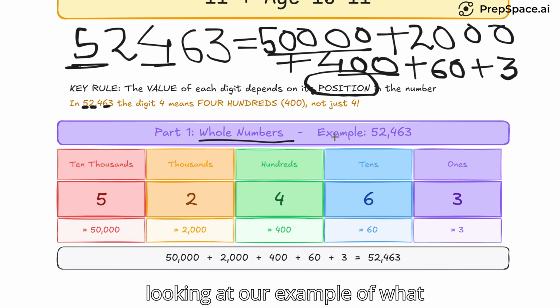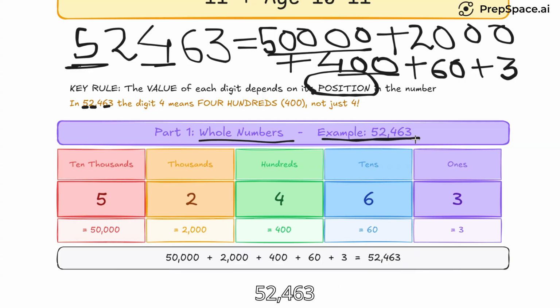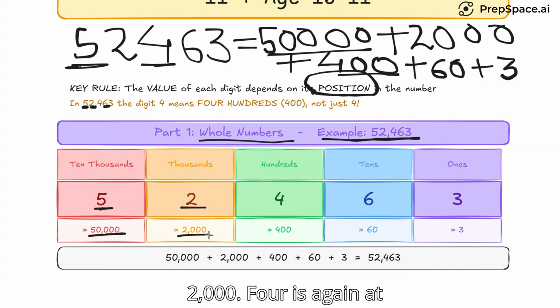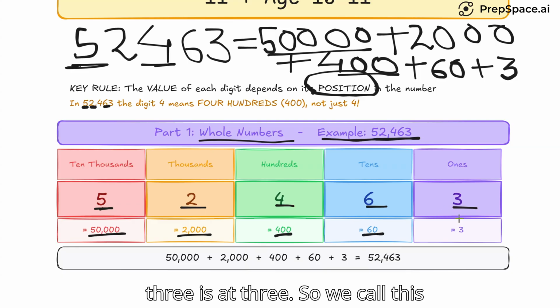So again, looking at our example of 52,463. The value of 5 is 50,000, 2 is 2,000, 4 is 400, 6 is 60, 3 is 3.